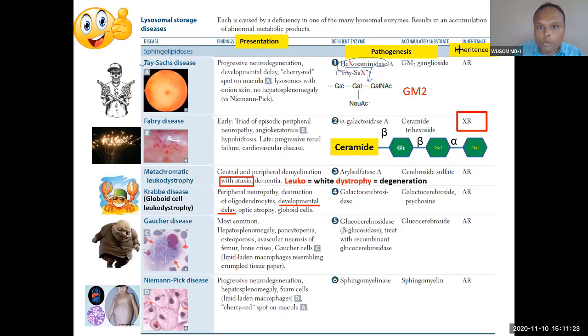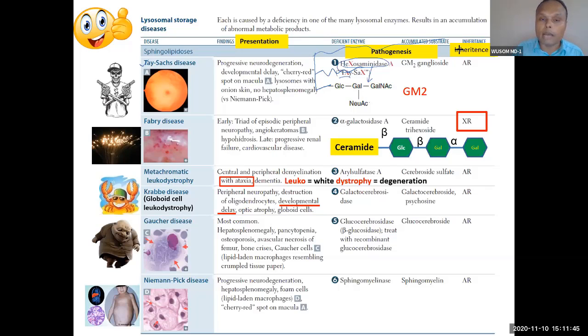So what is accumulated is this. You can add here, this is ceramide, and this is an oligosaccharide containing neuraminic acid. So this whole is called ganglioside. This ganglioside will be accumulated in this disorder, and as a result, new ganglioside will be deficient.